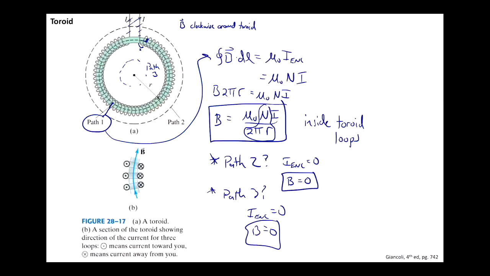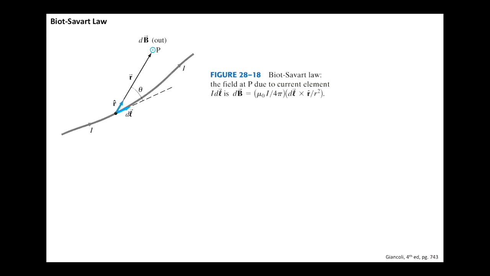All right, let's slide over to our last big thing in this chapter, our last big rule for calculating magnetic fields from currents. And you could think of this as basically how to calculate B from any current configuration.